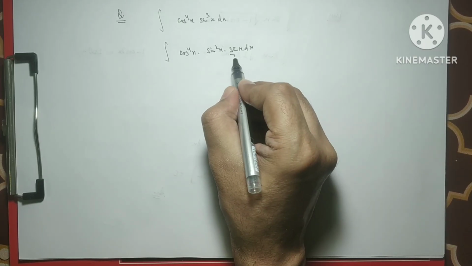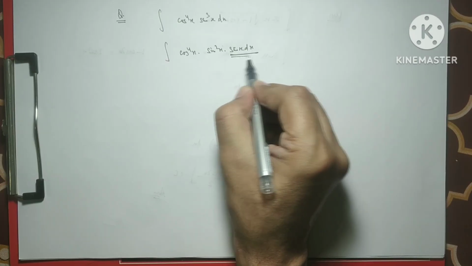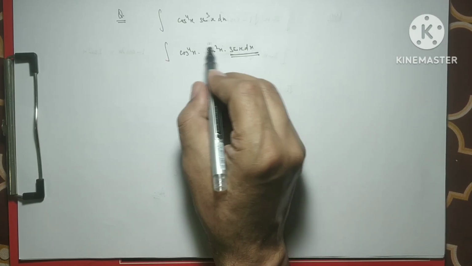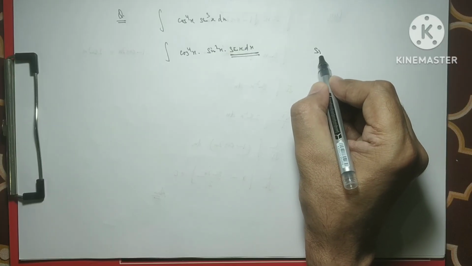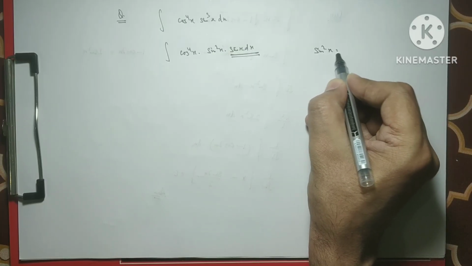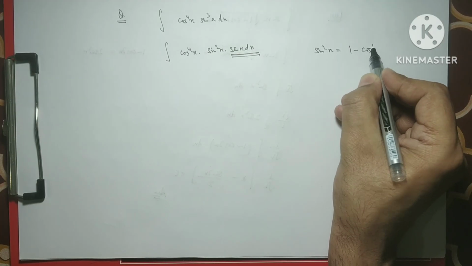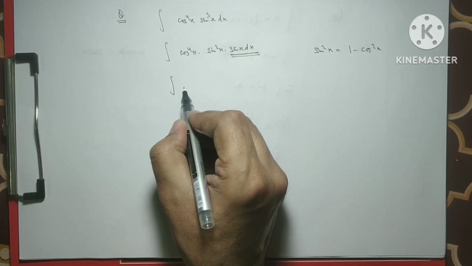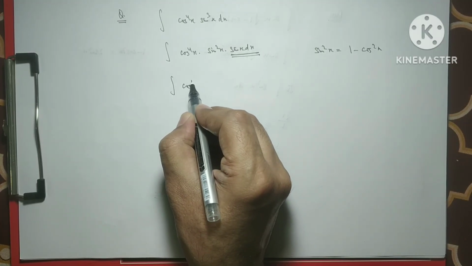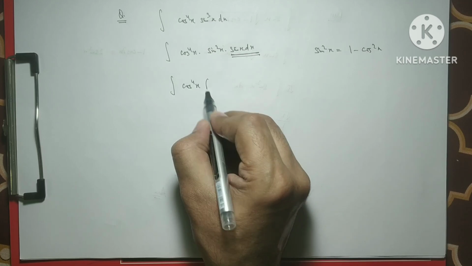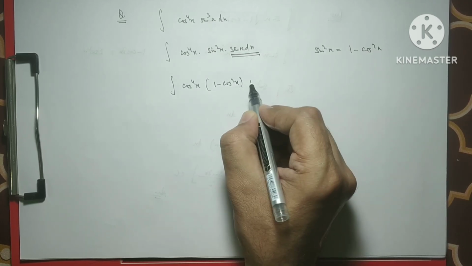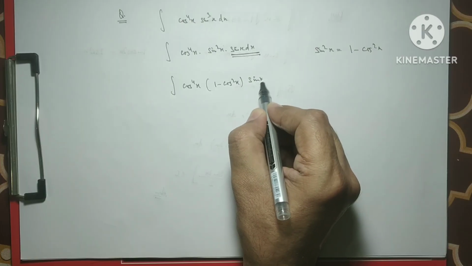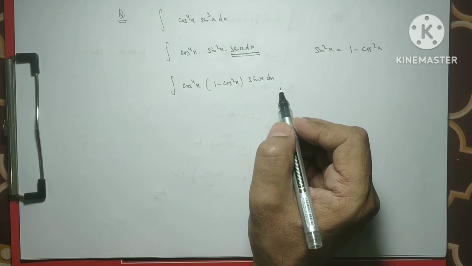And if the extracting part is sin x, then the remaining part should be in terms of cos. And the value of sin square x in terms of cos is 1 minus cos square x. So we put this, and this is remaining cos x to the power 4, and this becomes 1 minus cos square x, and the extracting part is sin x dx.